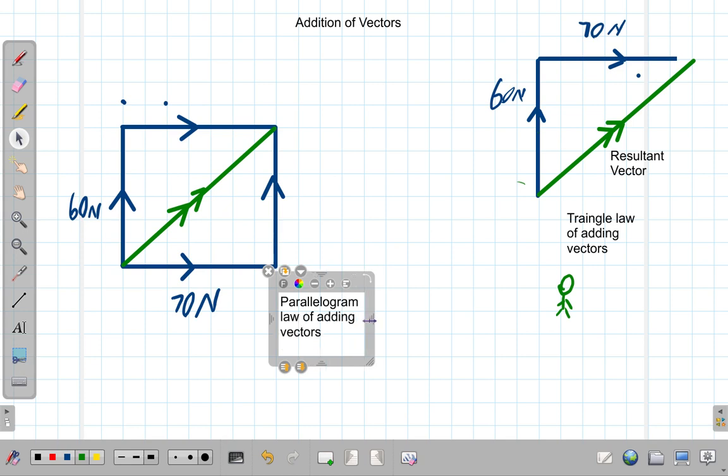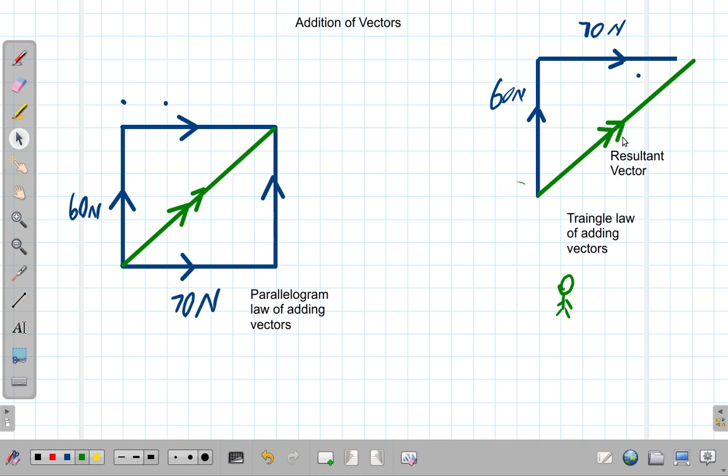So you have these two main laws, the triangle law and the parallelogram law. We're going to use both of them in later examples to add two vectors. Alright? Of course, if we have several vectors to add, you just add two at a time. So I can safely say to add two vectors.